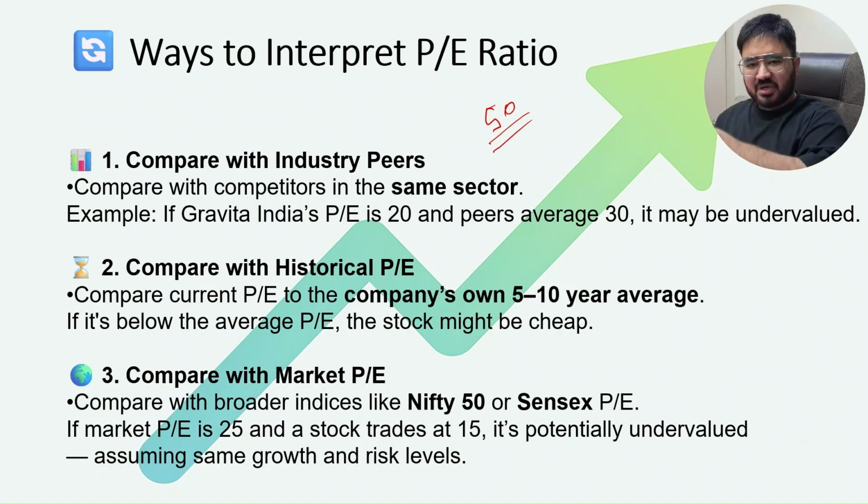You have to compare it with someone. Then you will get to know, right? To whom can you compare it? You can compare it with its industry peers, its competitors, with itself, its historical price to earnings, or with a larger market, let's say Nifty or Sensex.